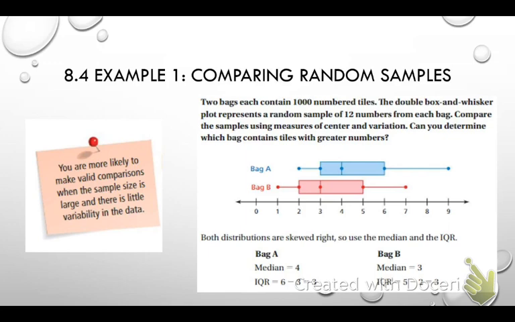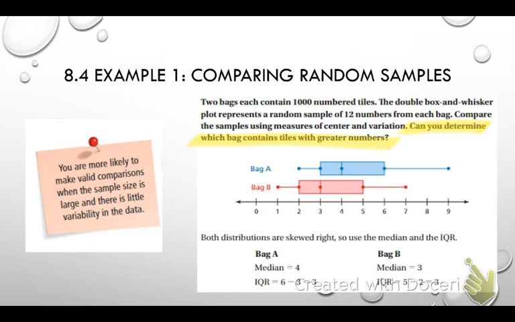All right, here's where, I think it's like, what's the point? They talk about in your book that the answer to this question, can you determine? You actually can't. So you did all that work and you actually can't determine, based on this sample, which bag contains tiles with greater numbers. Because why?